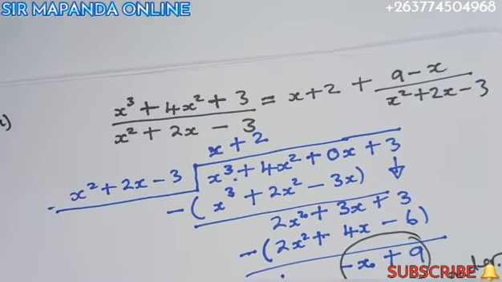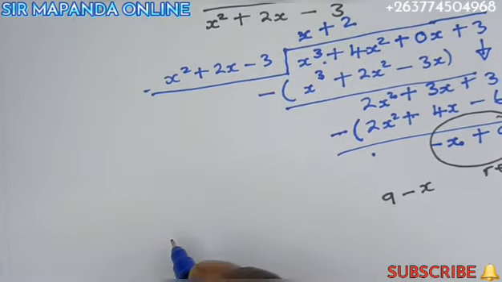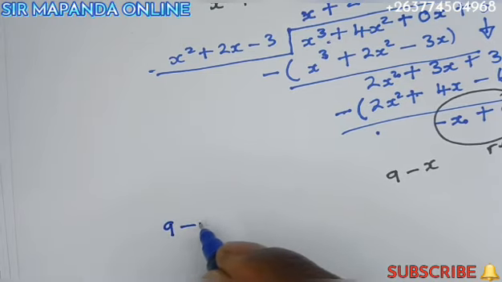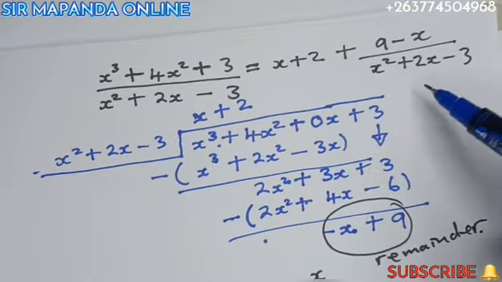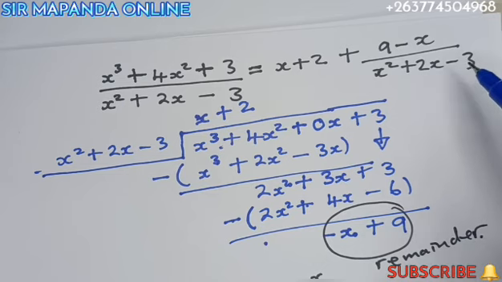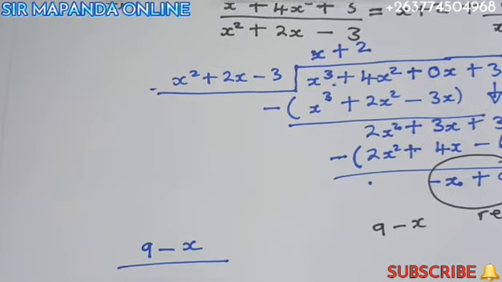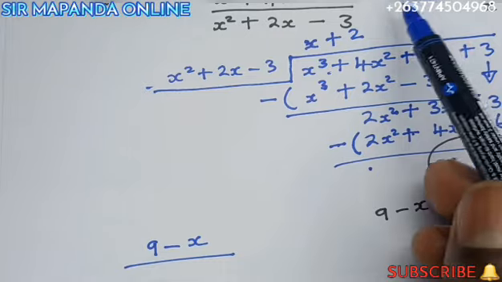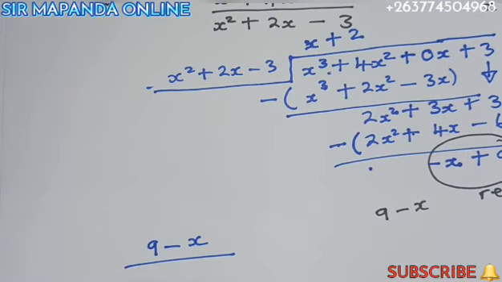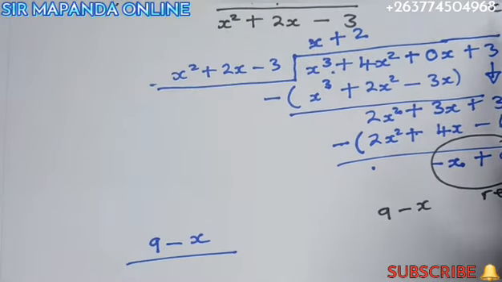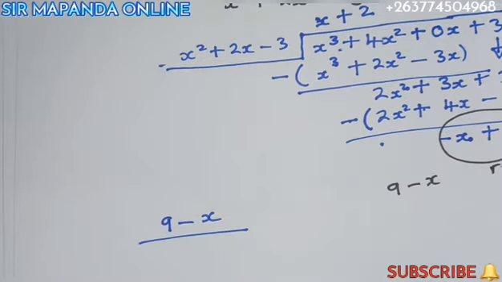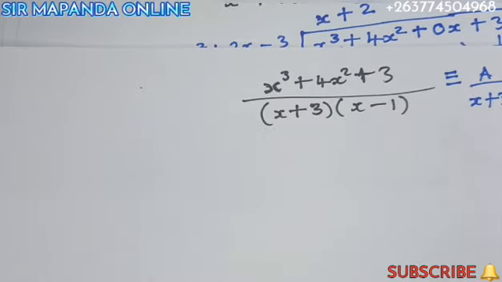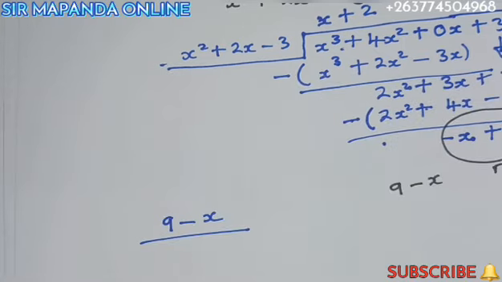So the process is not yet over. I'm now partializing 9 minus x over x squared plus 2x minus 3. The answer that I'm going to get, I'm going to add it with the x plus 2 to complete the partial fraction. So remember, by factorizing x squared plus 2x minus 3, as I explained earlier on, it gives you x plus 3, x minus 1.